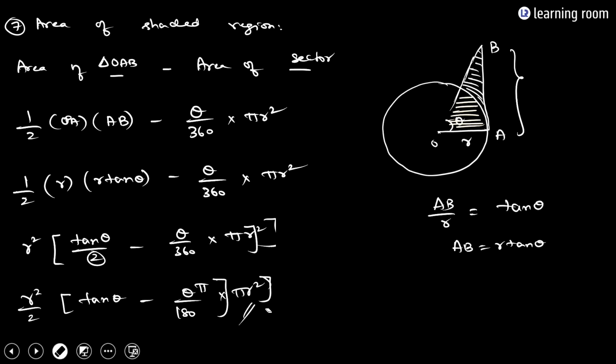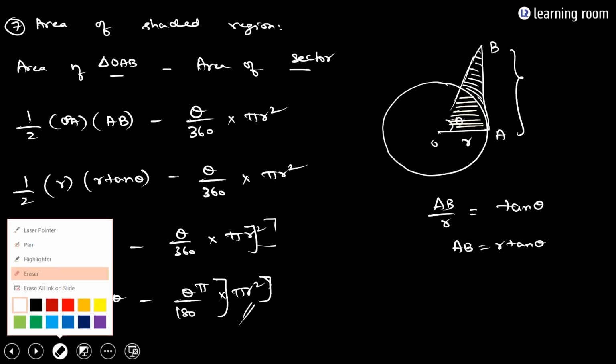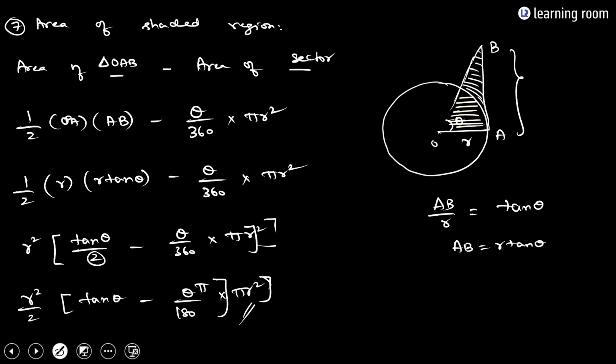I don't know why it is coming, but this r square is not there. And sorry, pi r square itself is not there. I hope this point is clear.